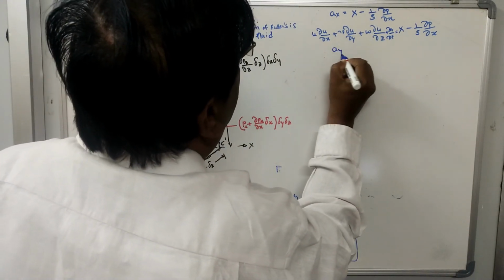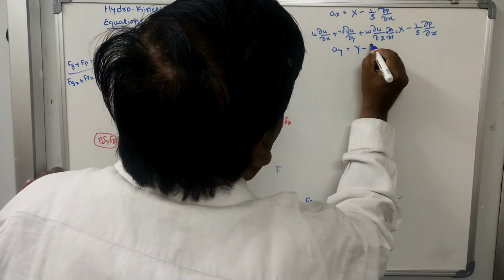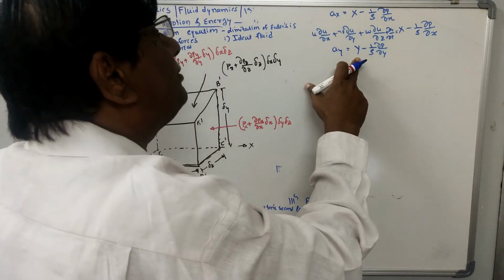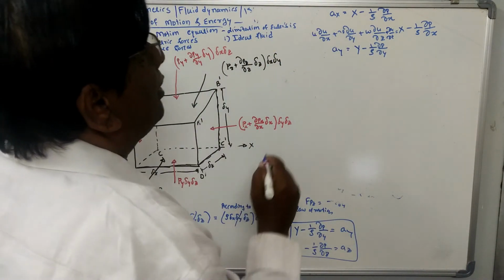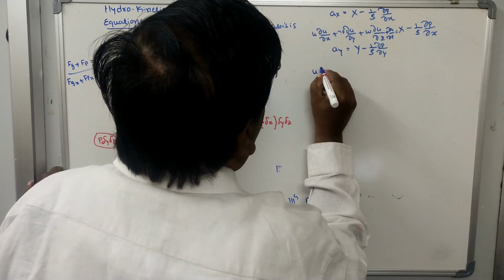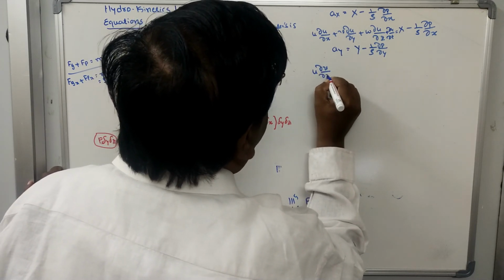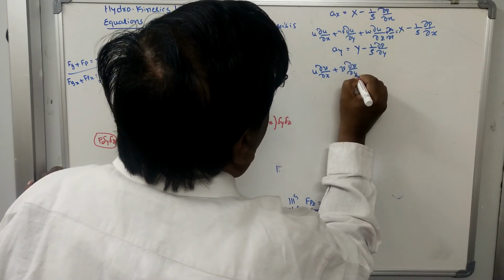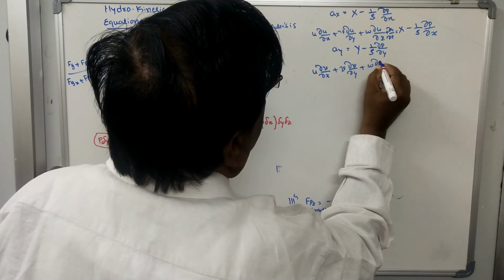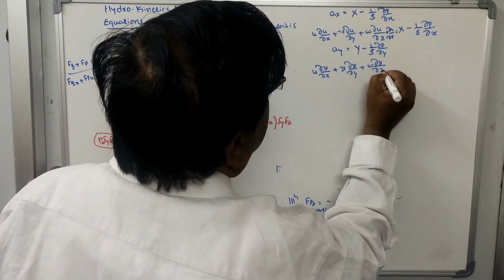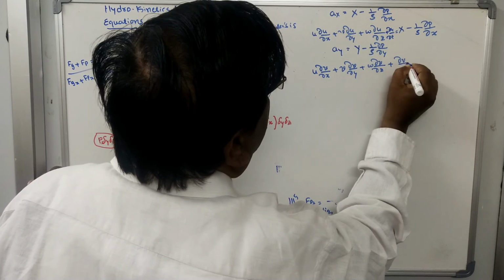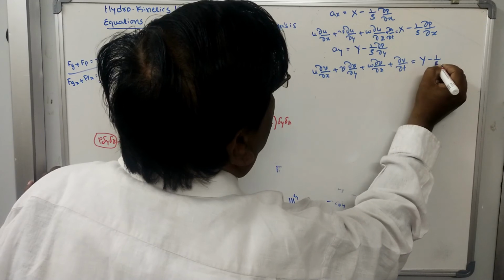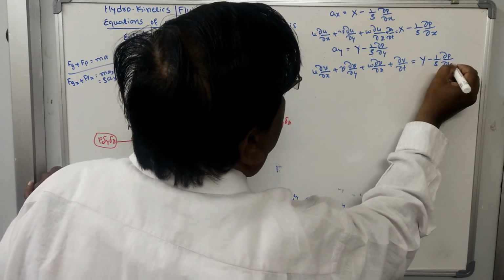Similarly, in the y direction, ay is equal to Y minus 1 by rho ∂p/∂y. In terms of velocities, it is u ∂v/∂x plus v ∂v/∂y plus w ∂v/∂z plus ∂v/∂t is equal to Y minus 1 by rho ∂p/∂y.